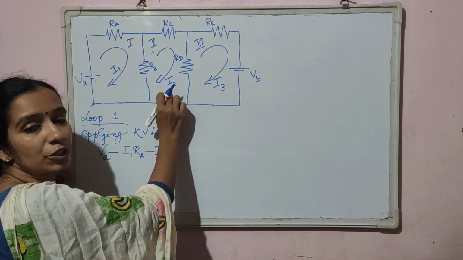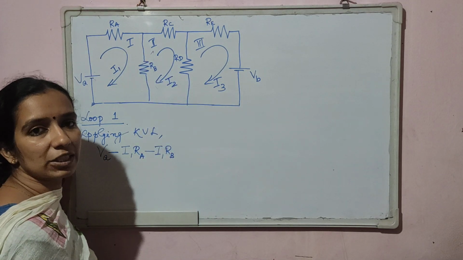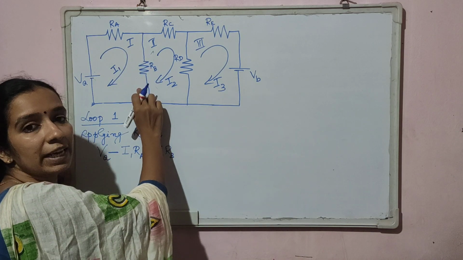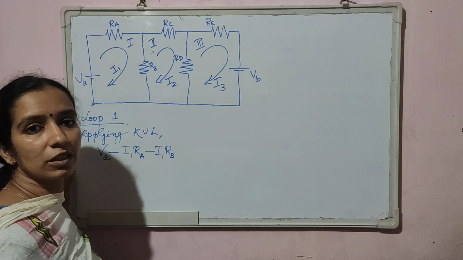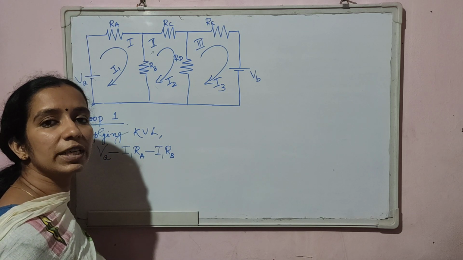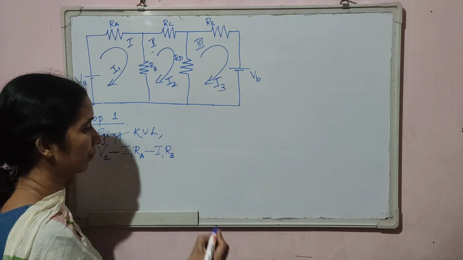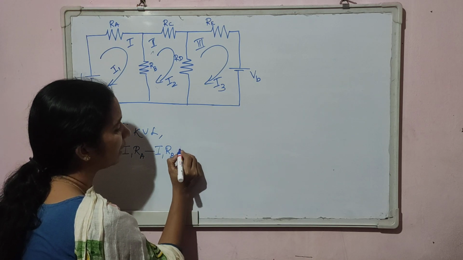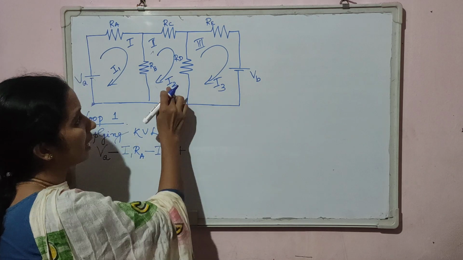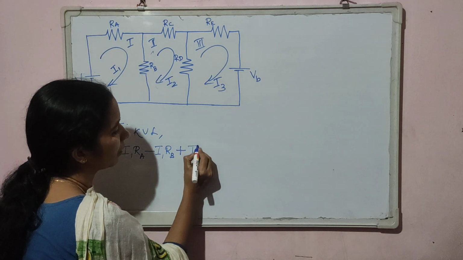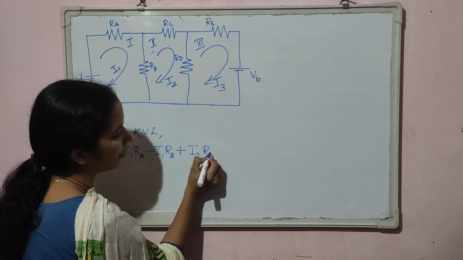So current I2 is flowing in the opposite direction. So we are moving in a particular direction, and current I2 is moving in the opposite direction. So in that condition, the voltage should be taken as positive. So voltage across RB due to I2 should be taken as positive. So plus I2 into RB.